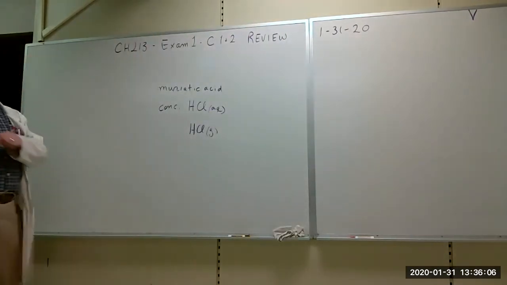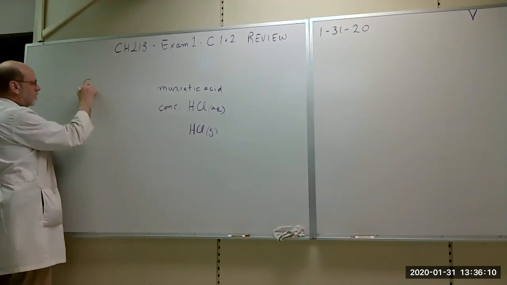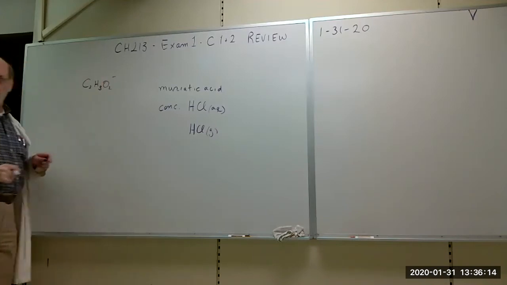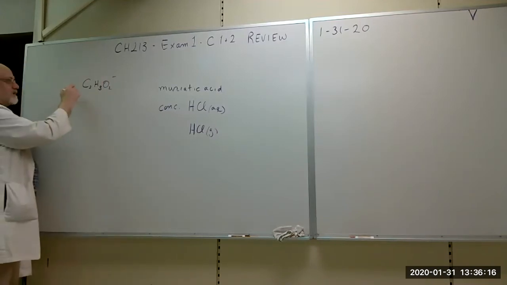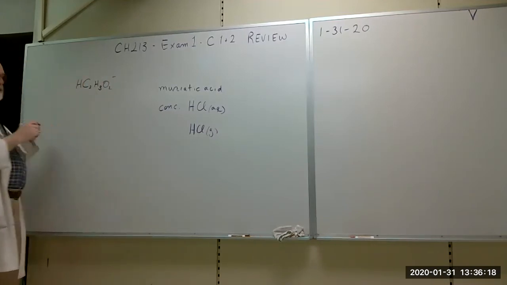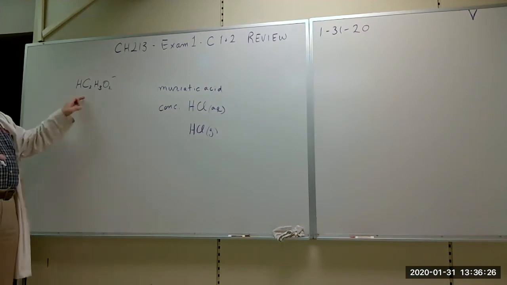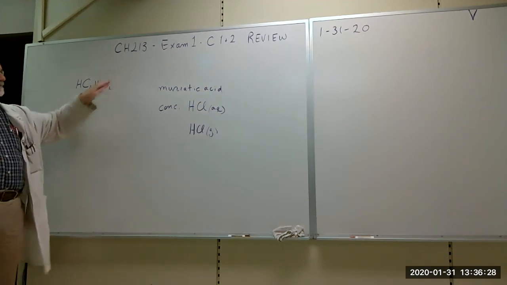One of your polyatomic ions is acetate, with a minus charge. Make an acid out of it, it's acetic acid. Vinegar is diluted acetic acid, 5% acetic acid.